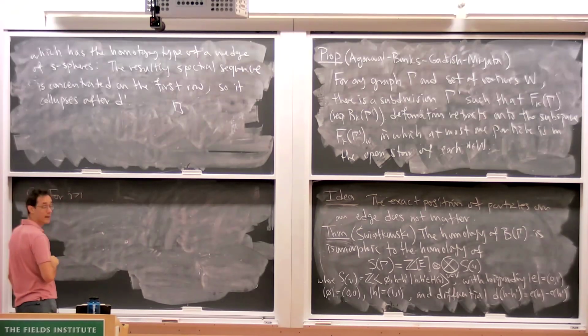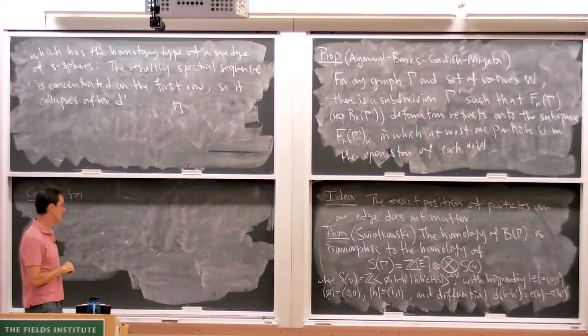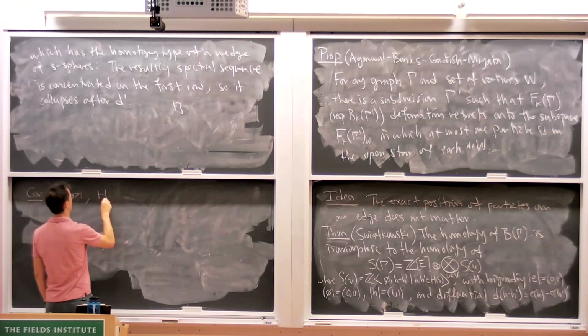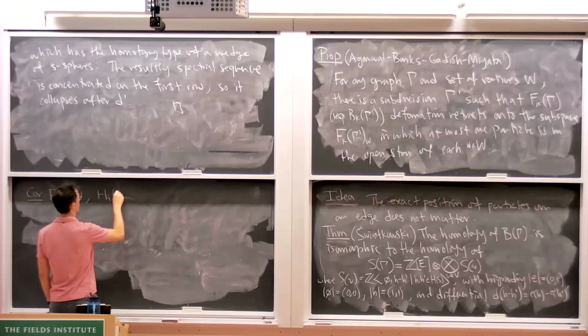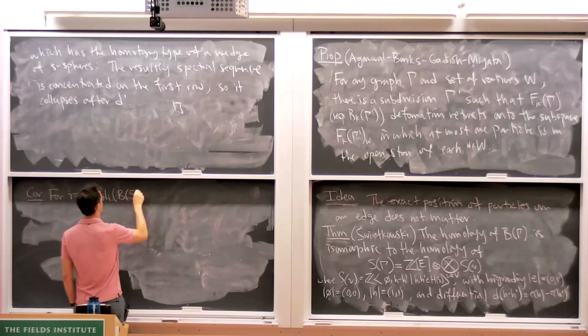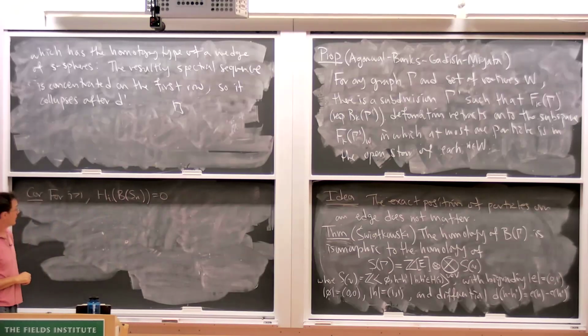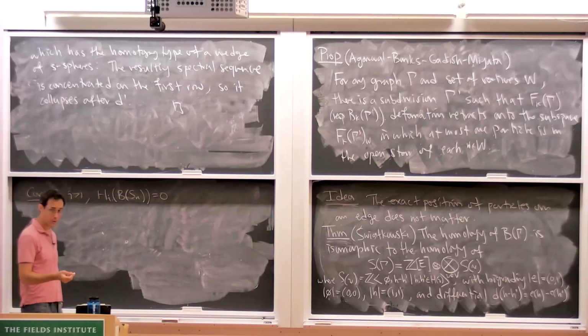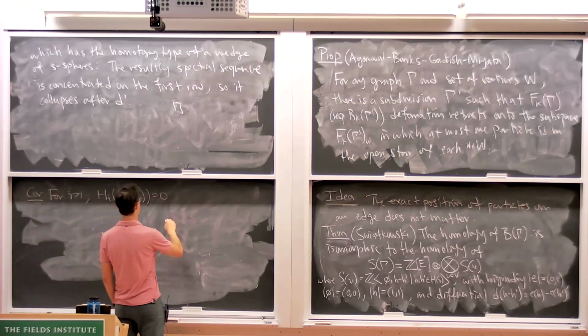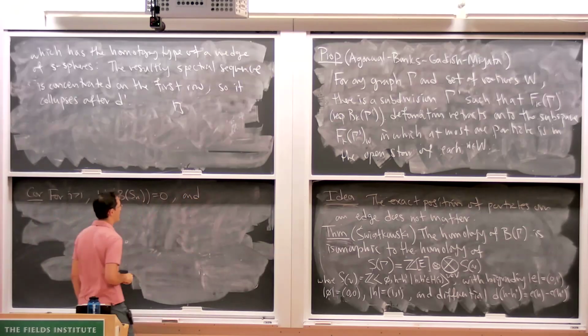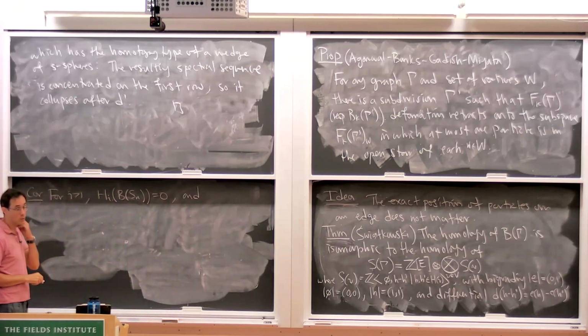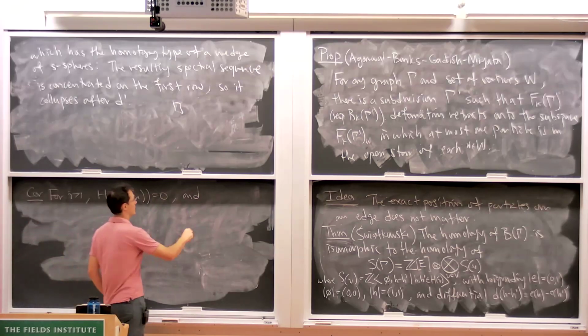if we're looking at a star graph of any valence, then the homology of the configuration spaces of that star graph vanishes in degree greater than 1. So there's only H0 and H1. H0 is just Z because the space is connected. And we can say exactly what the rank of H1 is. In fact, we can say it's free.